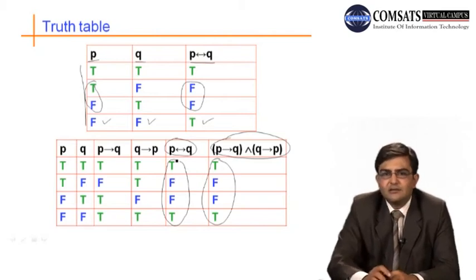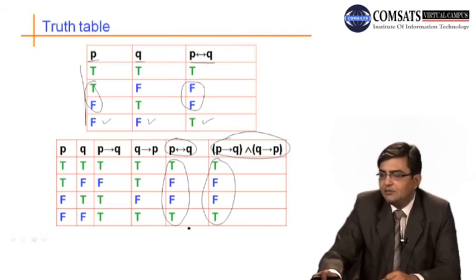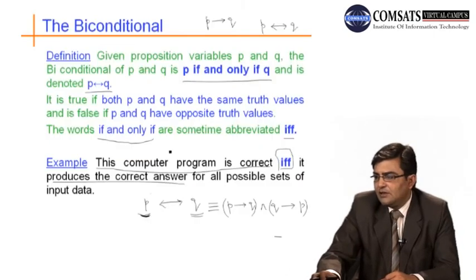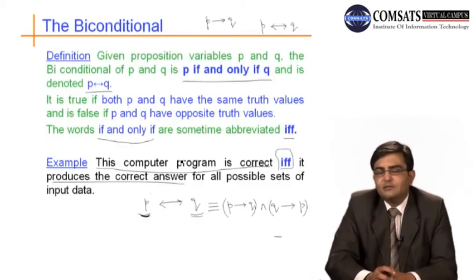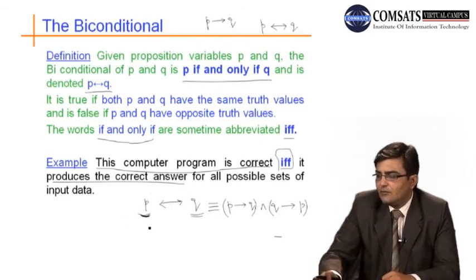So we can say that P biconditional Q is logically equivalent to P implies Q and Q implies P. In biconditional propositions, there is a condition on both the propositions. If P is true, then Q is true.